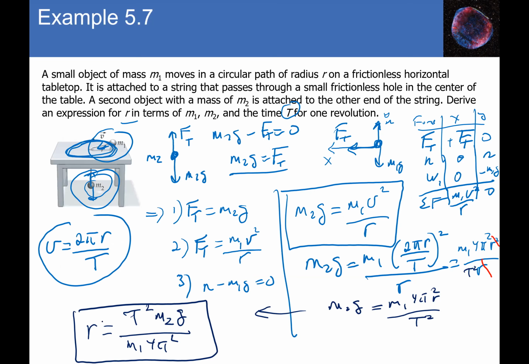There you go. That's my expression. Again, starting from here, where I have combined equation 1 and 2 together, because m2g is the same as tension and m1 v squared over r is the same as tension, and then replacing speed with the circumference over the period, distance over time. And then from that, just rearranging and solving for r.